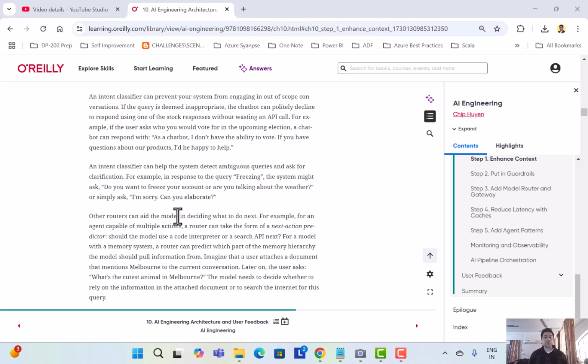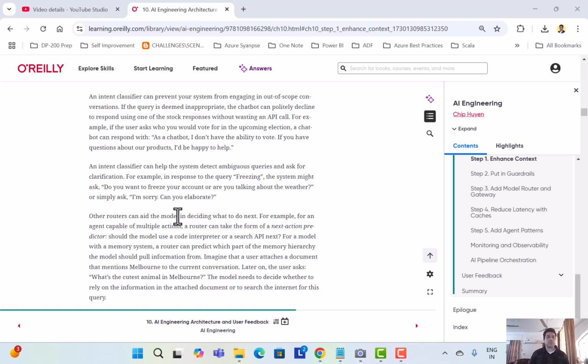I'm not denying that I have done it. I think you might also have done it. But if you have an intent classifier, these questions could be skipped, in the sense that when you ask these prompts, the Gen AI application would not make a call to the API.